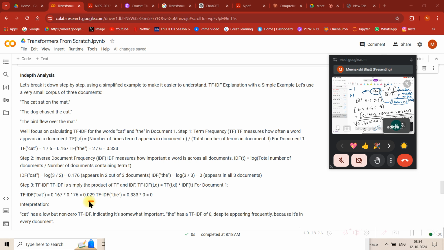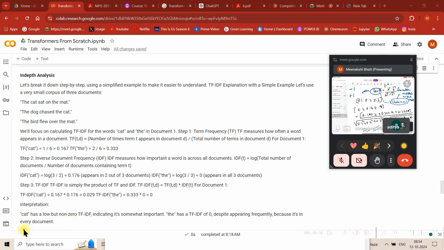Cat has a low but non-zero TF-IDF, indicating it is somewhat important, and the has a TF-IDF of 0 despite appearing frequently, because it is in every document. If a word is in every document, probably it is not that important.